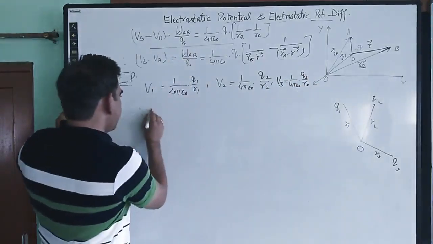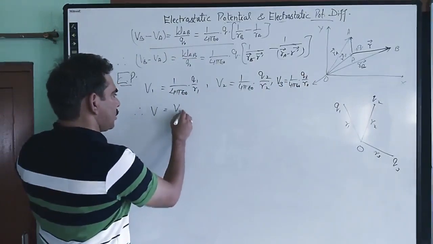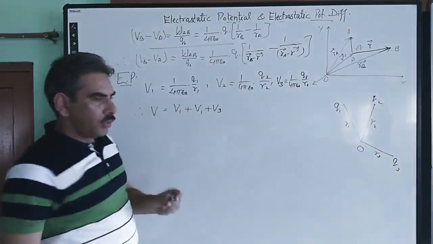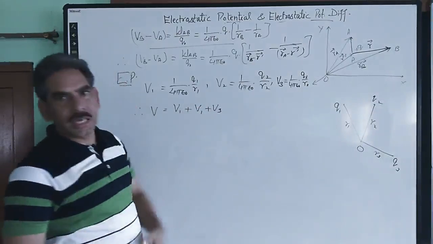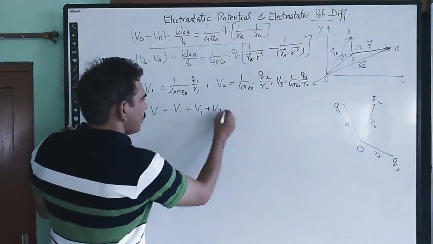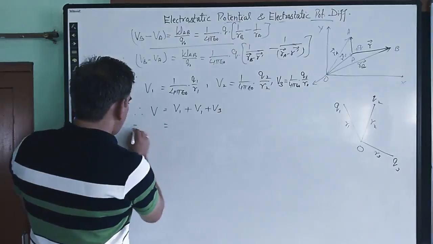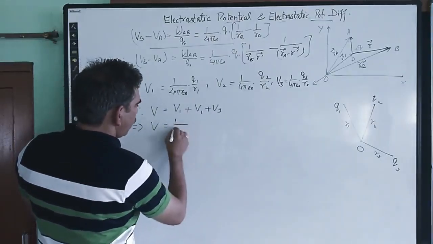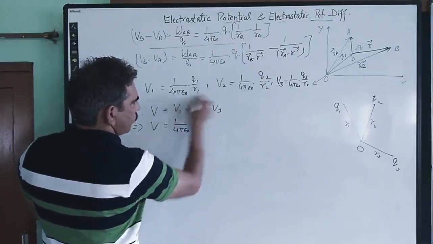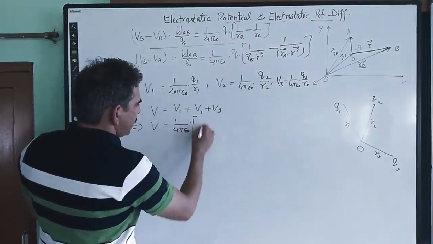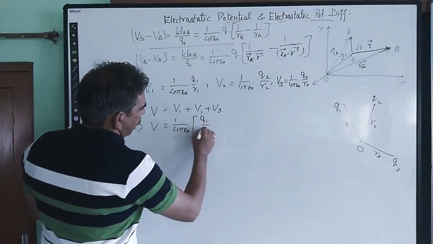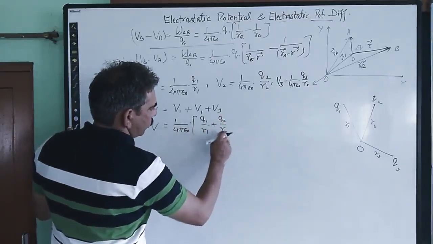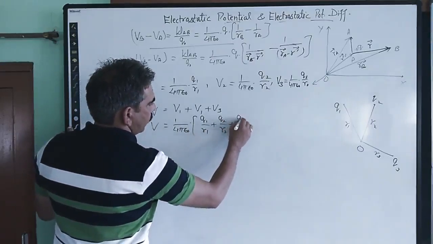So what is the net potential? It will be the sum of potentials, V1 plus V2 plus V3. So this is the method you can use in order to calculate if there are a discrete number of charges. So net potential is given by the sum of all these. So it gives us 1 upon 4 pi epsilon naught, which is common in all these terms, and inside the bracket we have Q1 upon R1 plus Q2 upon R2 plus Q3 upon R3.